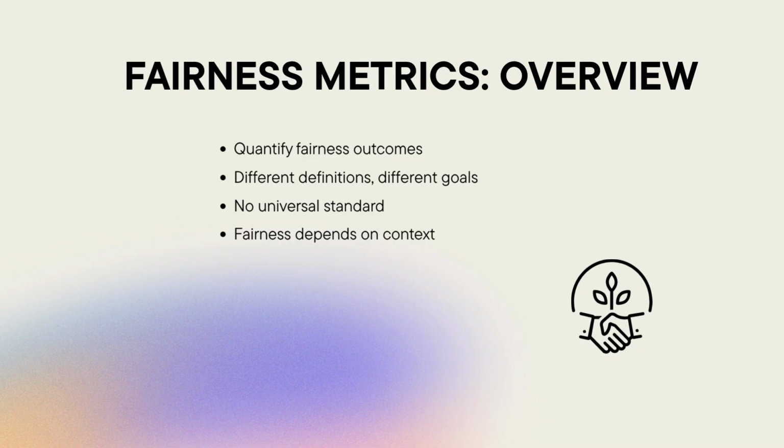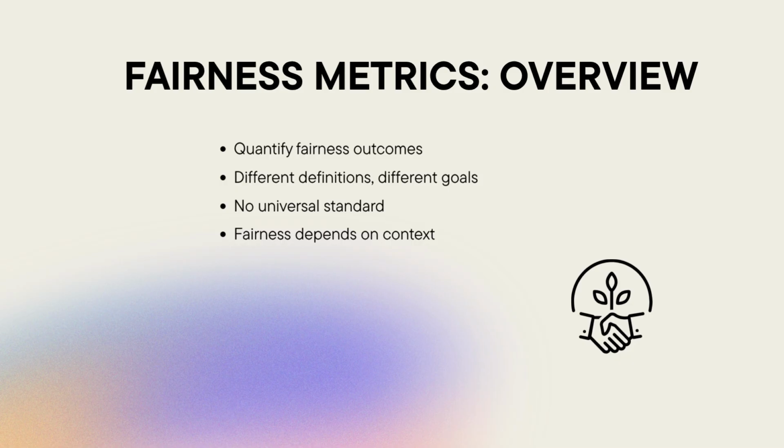To respond to bias, researchers created fairness metrics, tools to quantify whether models treat groups equally. These metrics don't fix bias by themselves, but they highlight disparities so they can be addressed. The challenge is that fairness has no single definition.